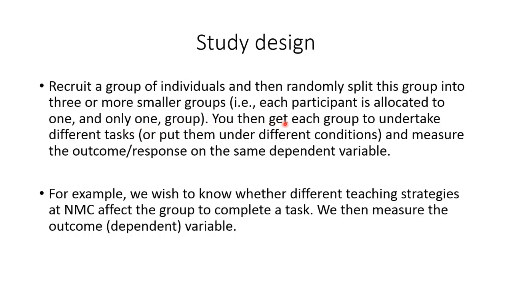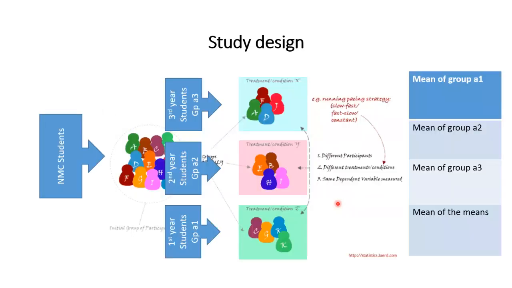You then get each group to undertake a different task or put them under different conditions and measure the outcome, or the response, on the same dependent variable. For example, we wish to know whether different teaching strategies at Nowshera Medical College affect the group's ability to complete a task. We can measure the outcome, which is known as the dependent variable.